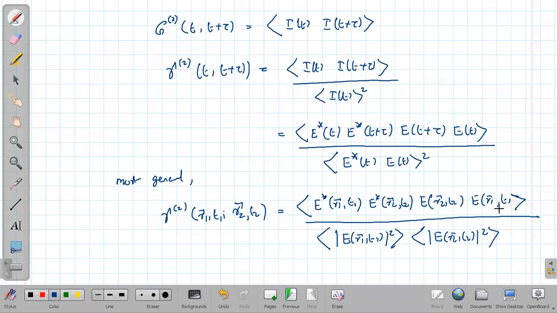Okay, now if there is no time delay for the measuring, then we call this gamma 2 at tau 0. This usually varies from 1 to infinity. This is called the zero time delay second order coherence function.